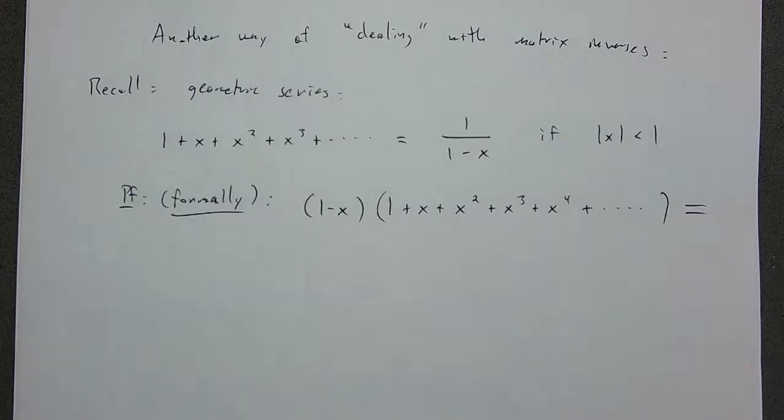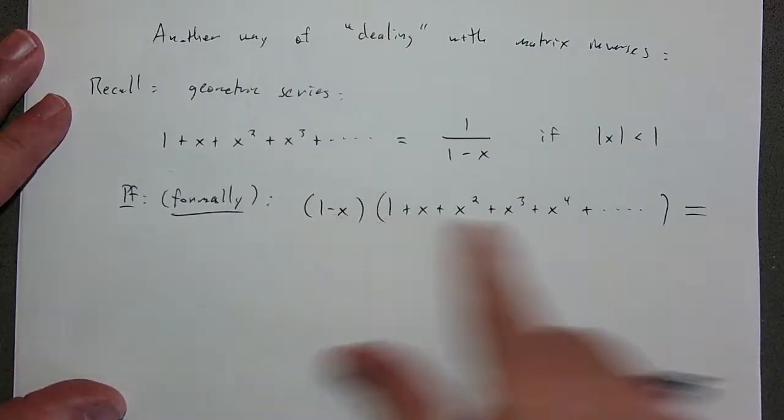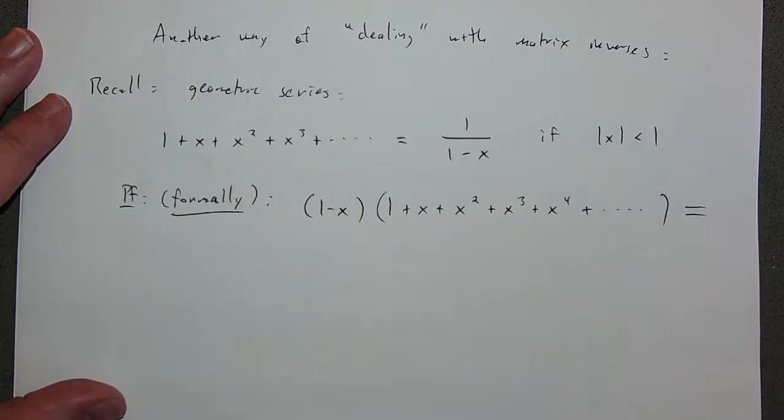So what do I get? You might be tempted to say FOIL, right? We don't like FOIL around here, because it's really a binomial thing times a binomial thing. What you mean when you think that is that this distributes across this sum. There are 2 big sums that result.